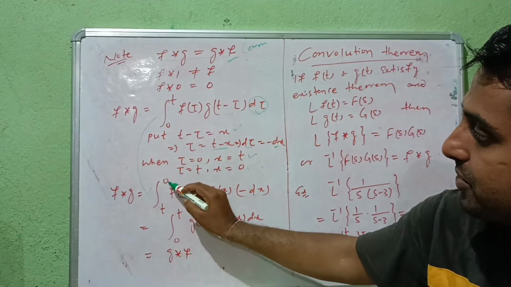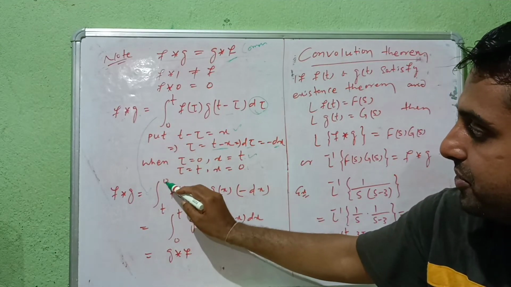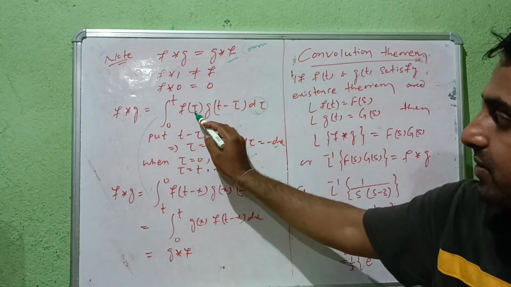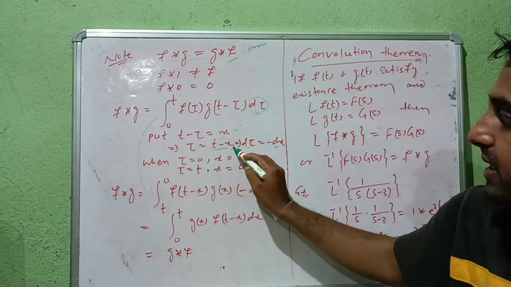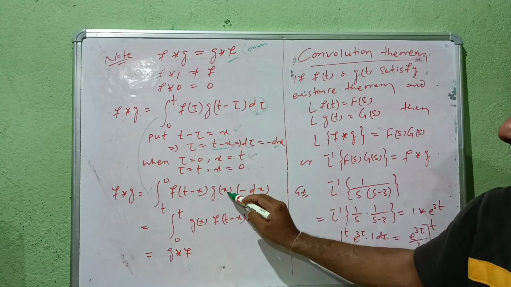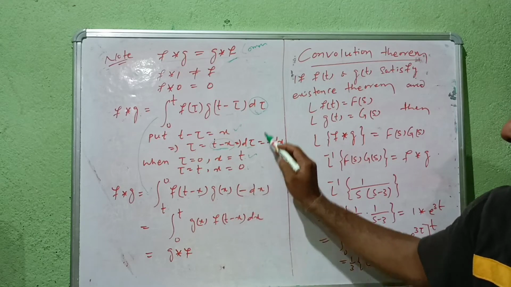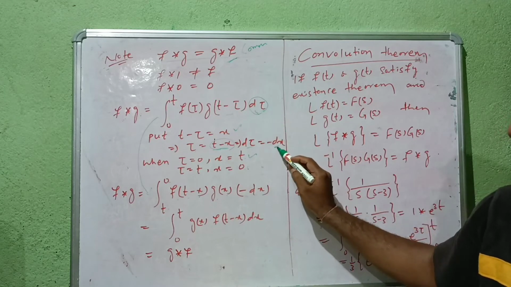So this integral will reduce to t to 0. f star g will be reduced to the integral from t to 0, with f in place of tau just t minus x, and g of t minus tau being x, so f of t minus x, g of x, and d tau will be replaced by minus dx.